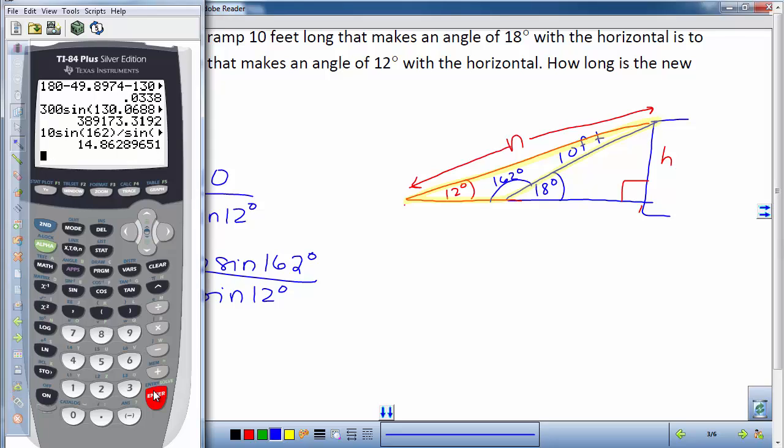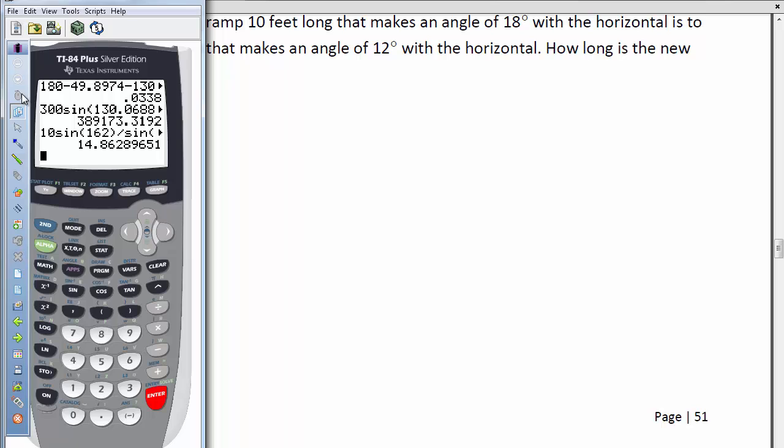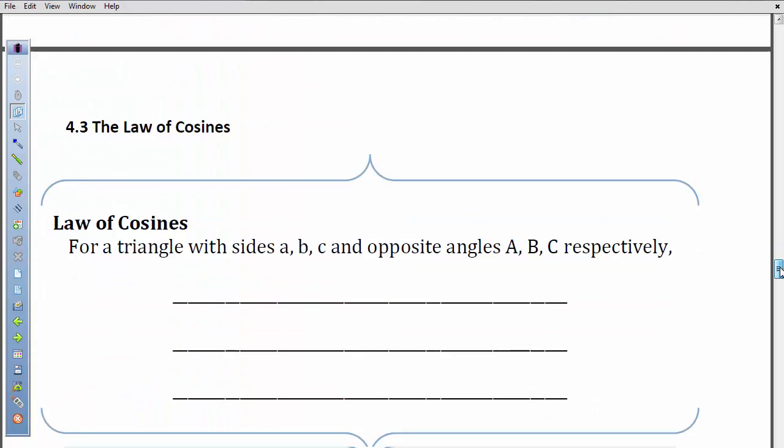We get 14.86 feet. That's the length of the new ramp. So 4 feet more, just maybe a couple of steps. All right, questions about that? Okay, very good. All right, and that might have been the last one. Yes, that was.